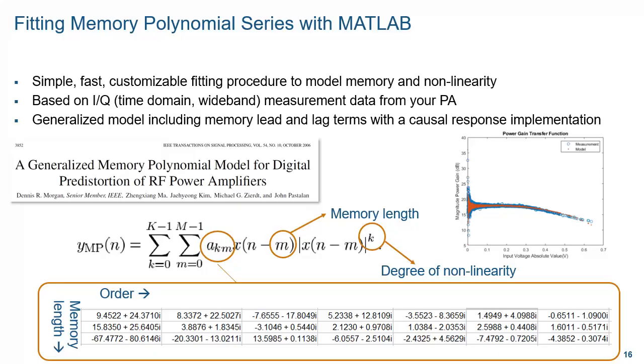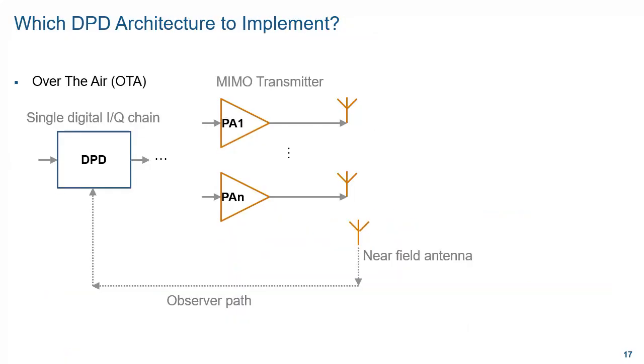For example, you could use an over-the-air approach in which the observer path is based on the information provided by an antenna placed in the near field compared to the transmit array. An equivalent implementation positions the observer antenna in the far field, always feeding a single digital I and Q chain.